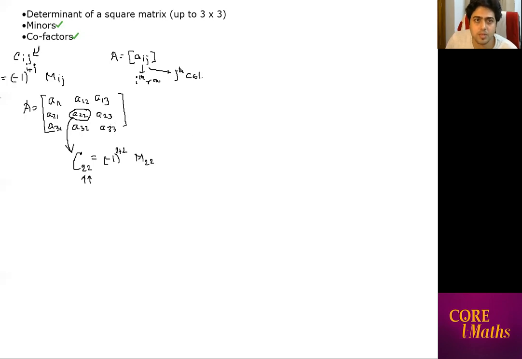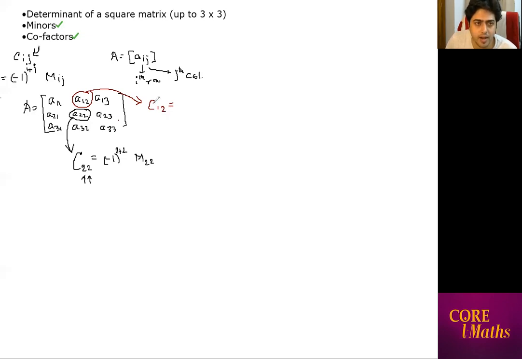Let's take one more example. Suppose for A12, what will be the cofactor? We'll write it as C12. Now identify the location. First row, second column element is A12.